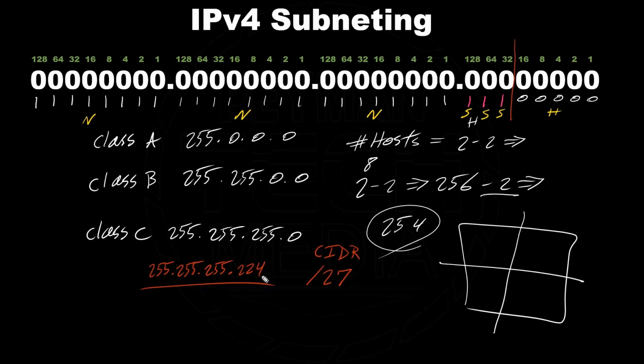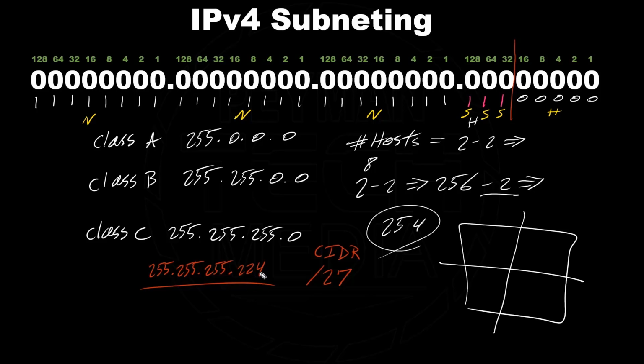Is this the default subnet mask? No, because the default subnet mask for class C is 255.255.255.0. But this one is 255.255.255.224. What does it mean? It means that we did borrow 3 bits on the last octet, because here we can see the 224.